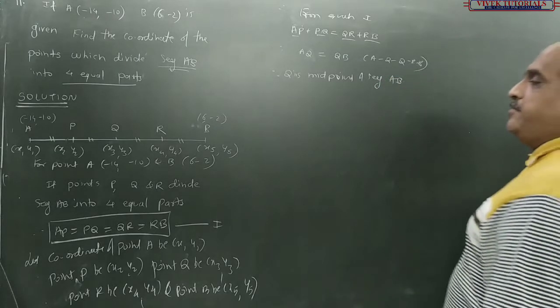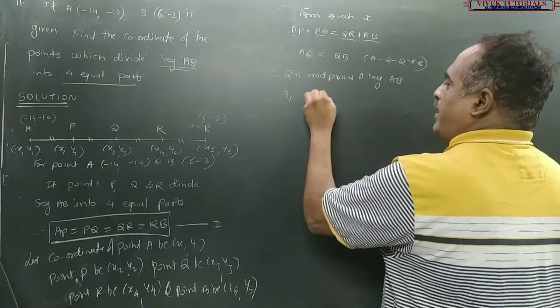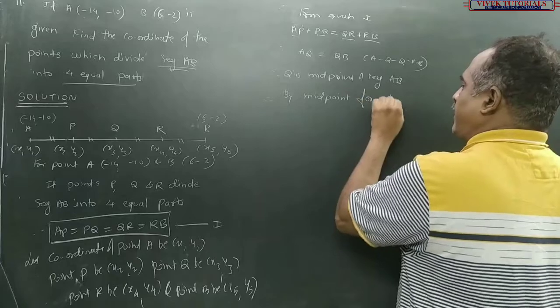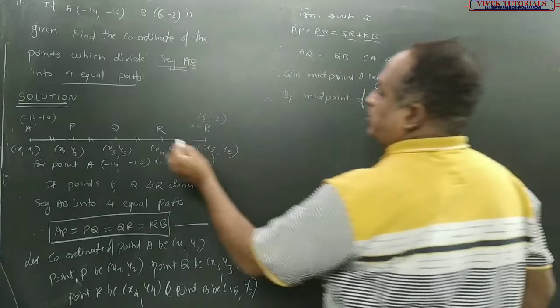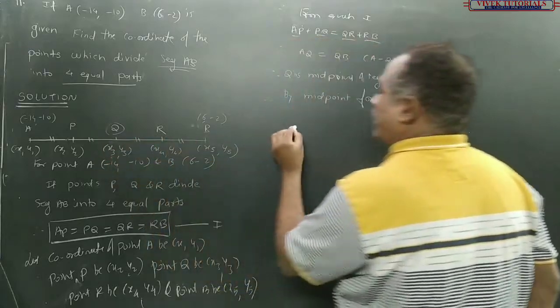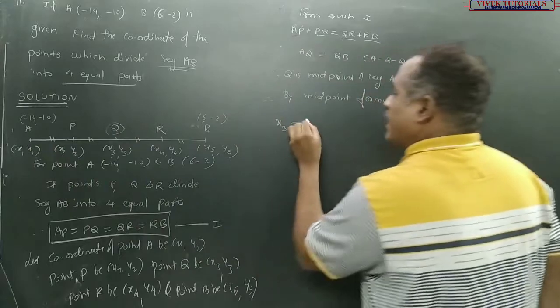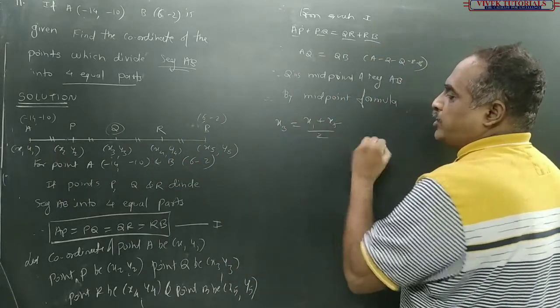Segment AB. Therefore, by midpoint formula, now Q is the midpoint, na? And its coordinate x3 is equal to x1, which I know, and x5, which I also know, upon 2.